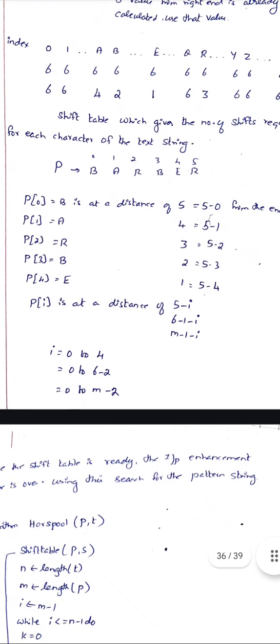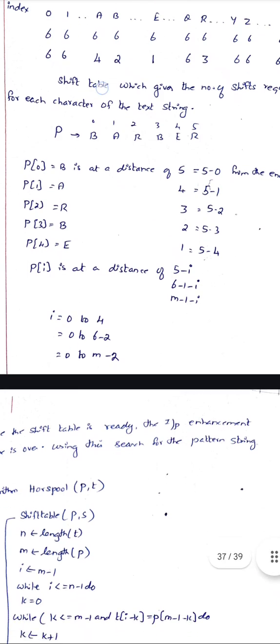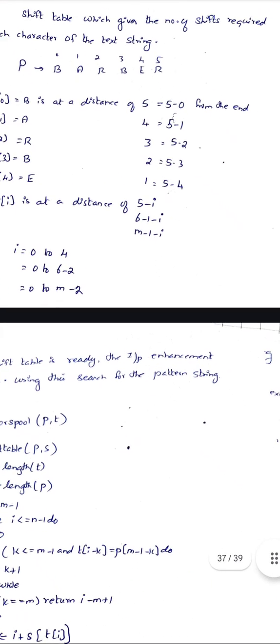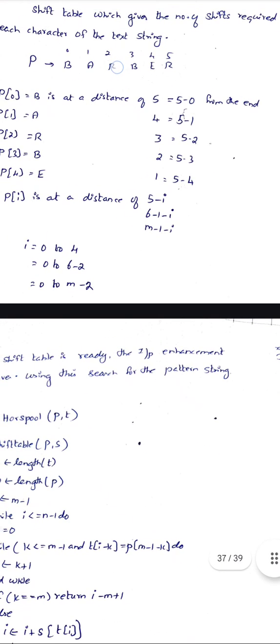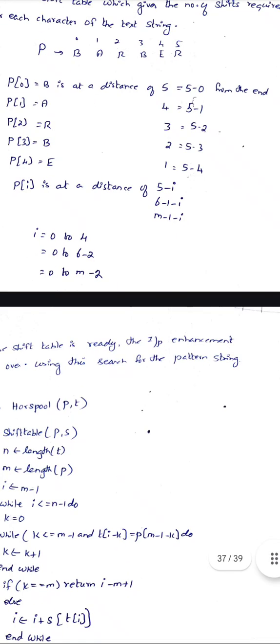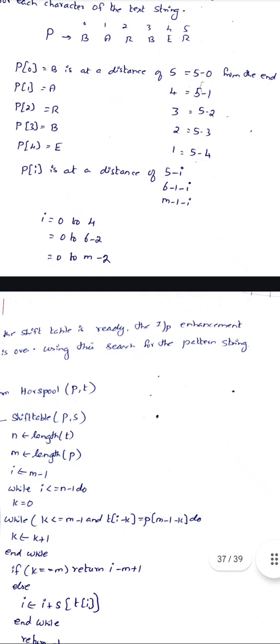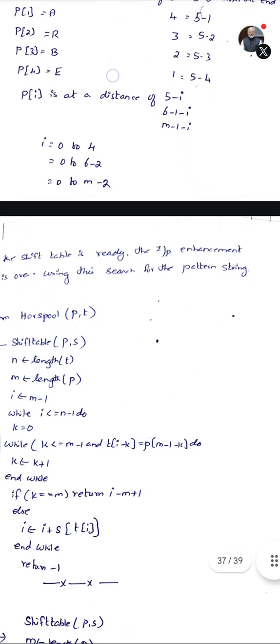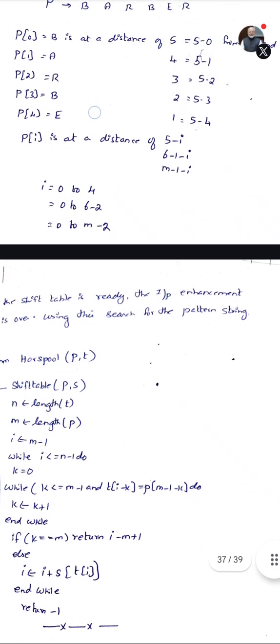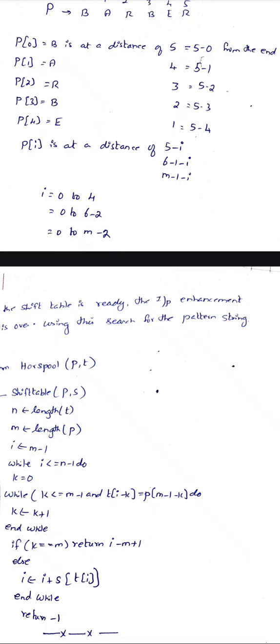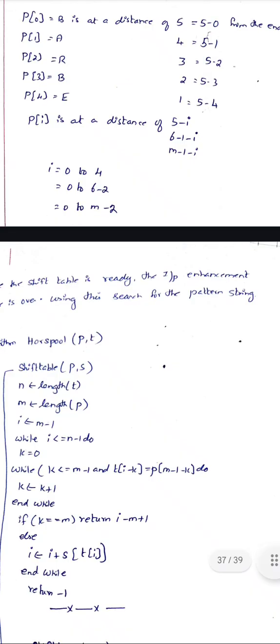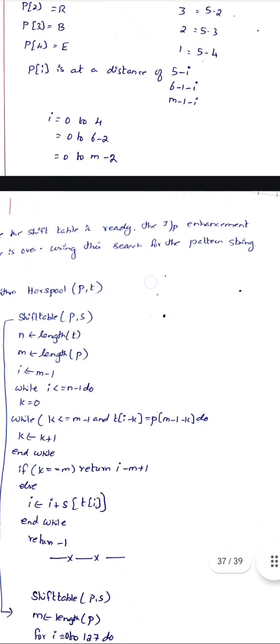Then the shift table, which gives the number of shifts, we will get from the end. So P of i is at a distance of m minus 1 minus i. Pattern of i is in the position m minus 1 minus i.